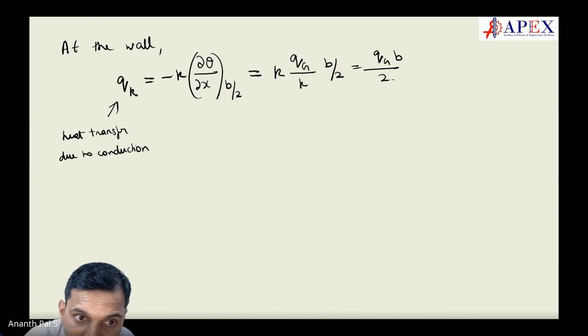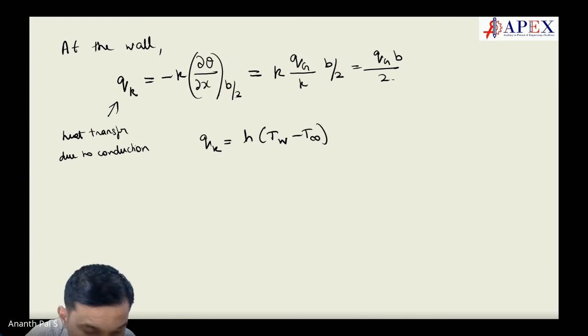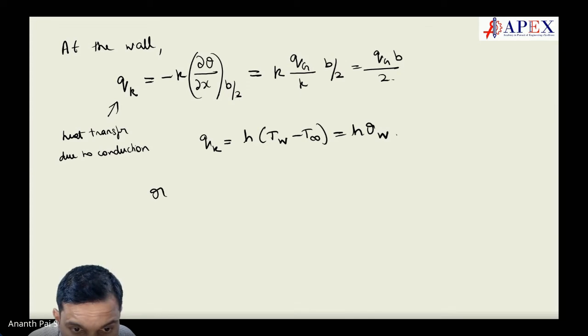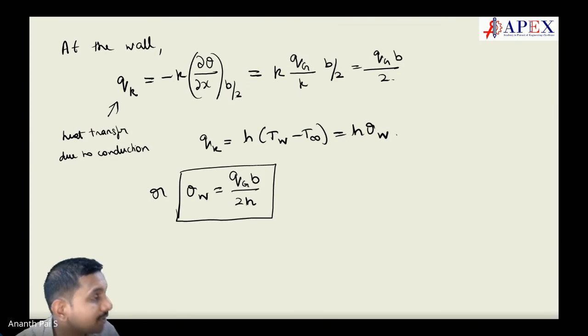And that Qk is equal to h, the heat transfer coefficient, into Tw minus T infinity, which is equal to h into theta w. So theta w is equal to qg into b divided by 2h. So we have arrived at the equation for the wall temperature, the excess wall temperature.